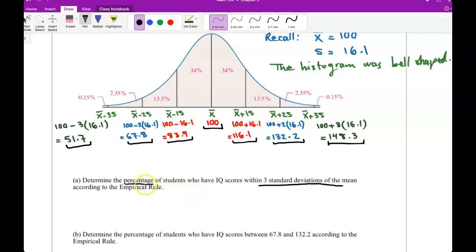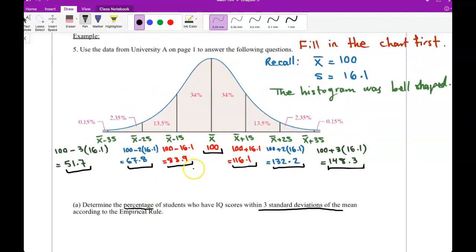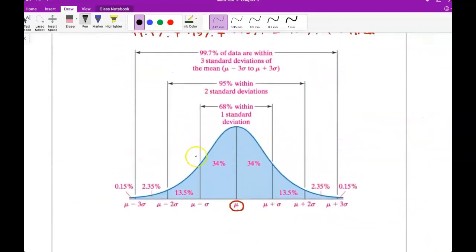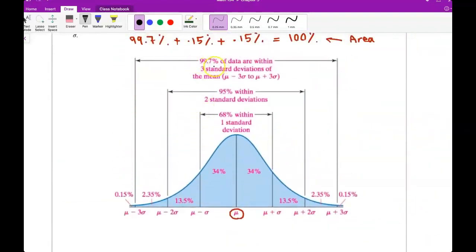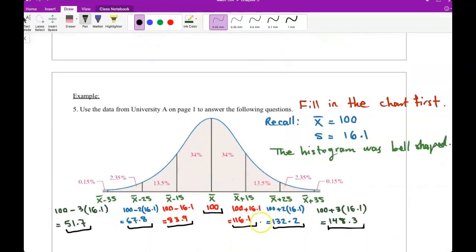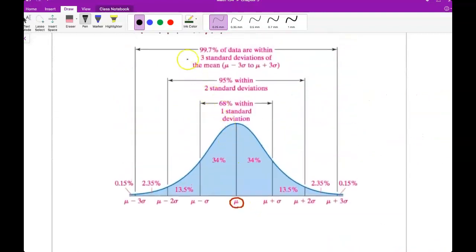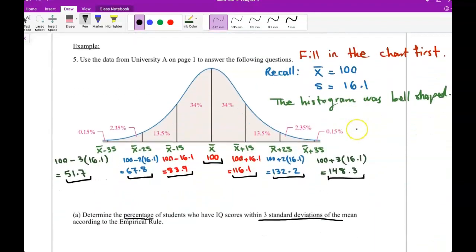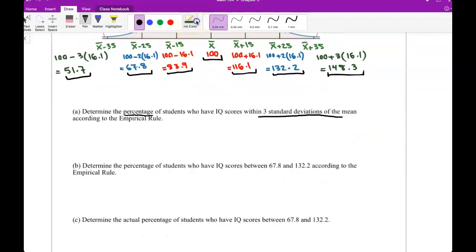Percentage will not differ based on what the data you have. It's always equal to 99.7%. So regardless what your data are, the answer is always 99.7%. The answer for part A is 99.7%.